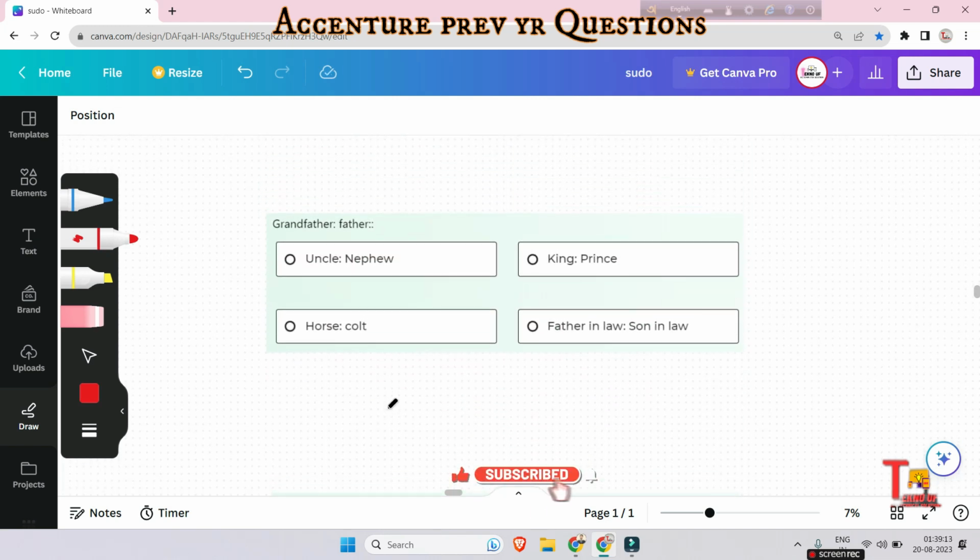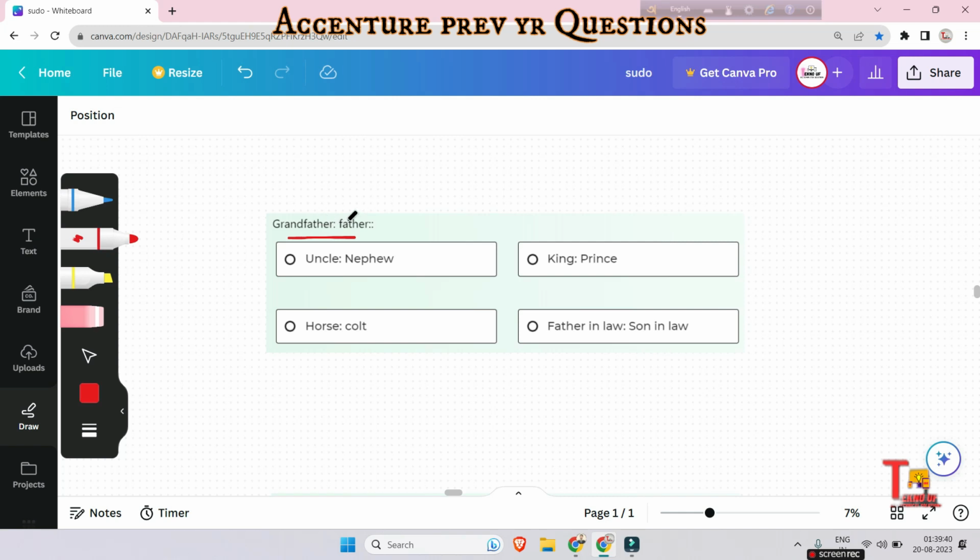That is, grandfather is to father, then what should be the same sequential answer? Here you can say that this is a relationship between a father and a son. Father is the son of my grandfather.